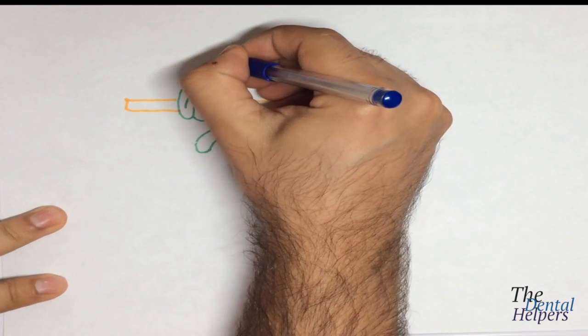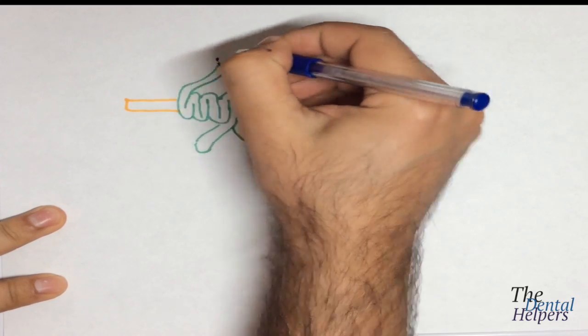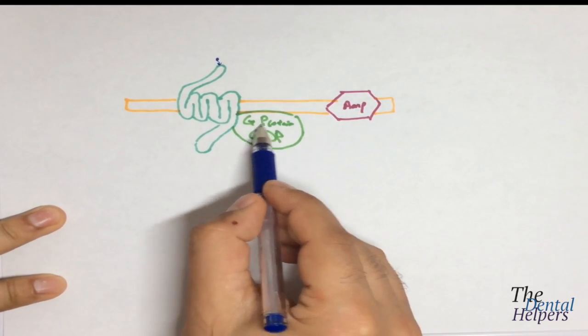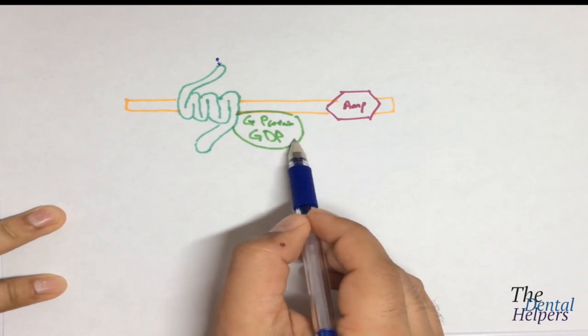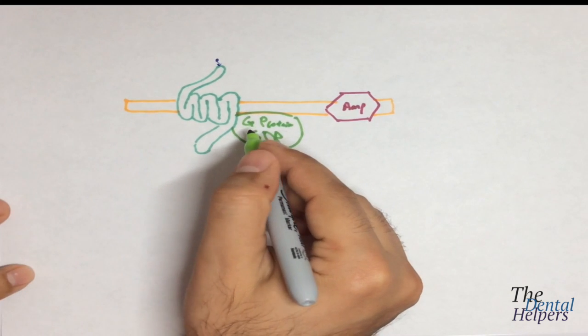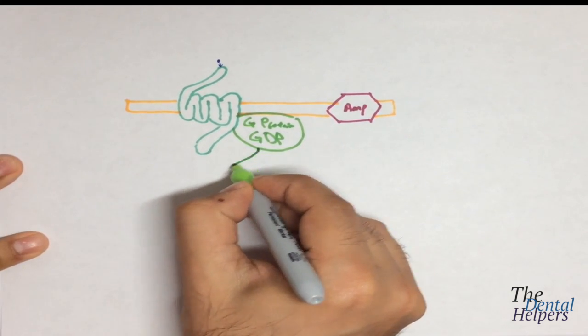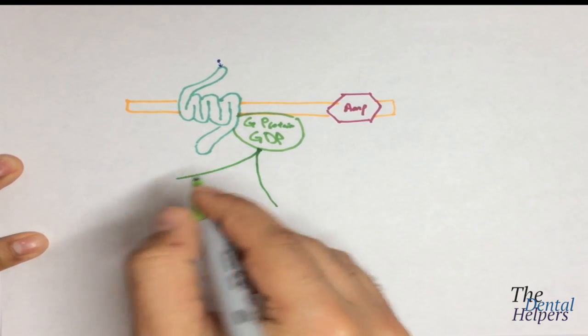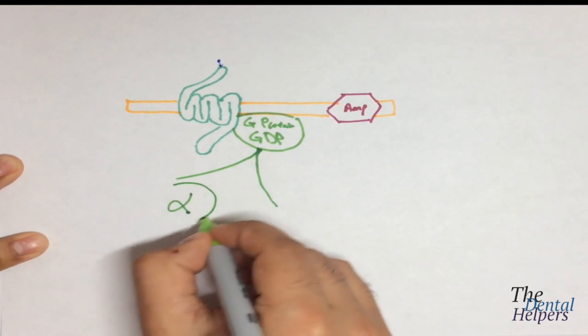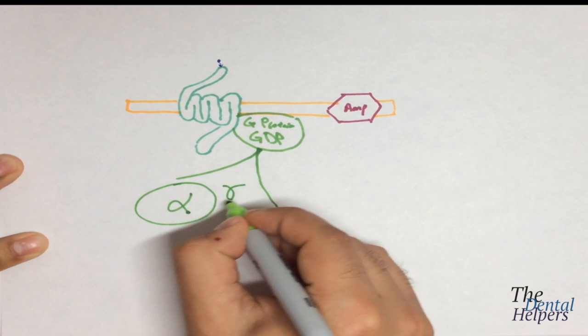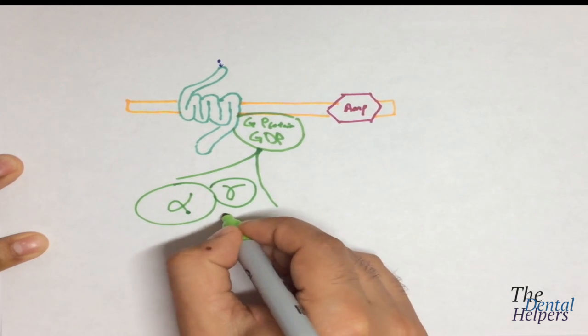So if we were to have some signal come here, the receptor would signal that this GDP needs to be phosphorylated by a kinase. And so let's go into depth on what exactly the G protein looks like. Our G protein is made up of three subunits: an alpha subunit, a gamma subunit, and also a beta subunit.